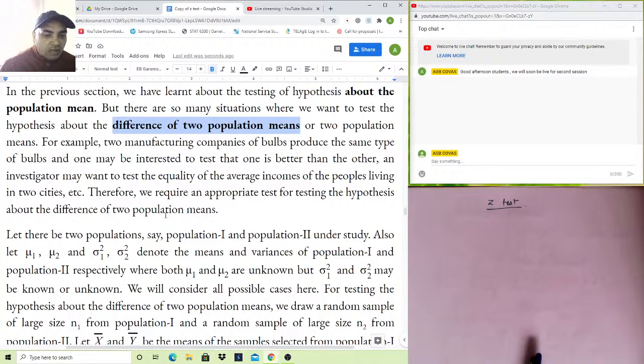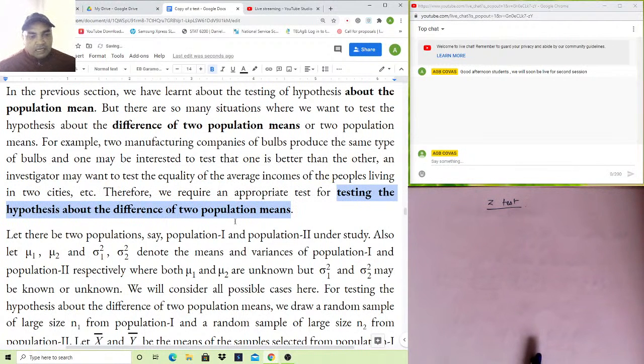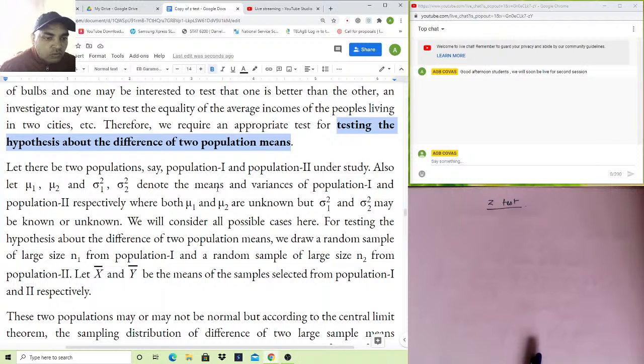Now, instead of the population mean, we will be testing our hypothesis about the difference of two populations. So let there be two populations, say population 1 and population 2 under study, and mu1 is the population mean of population 1, mu2 is the population mean of population 2, sigma1 and sigma2 are the standard deviations of population 1 and population 2.